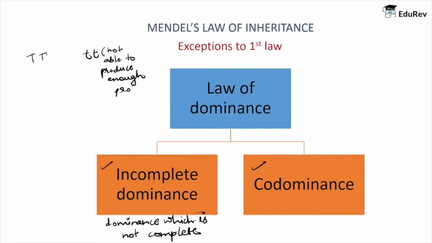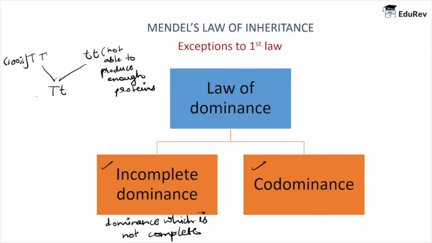Now, for example, this capital T is able to produce 100% of proteins. When the crossing takes place, according to the gamete formation concept, one capital T will come from the male and small t will come from the female.